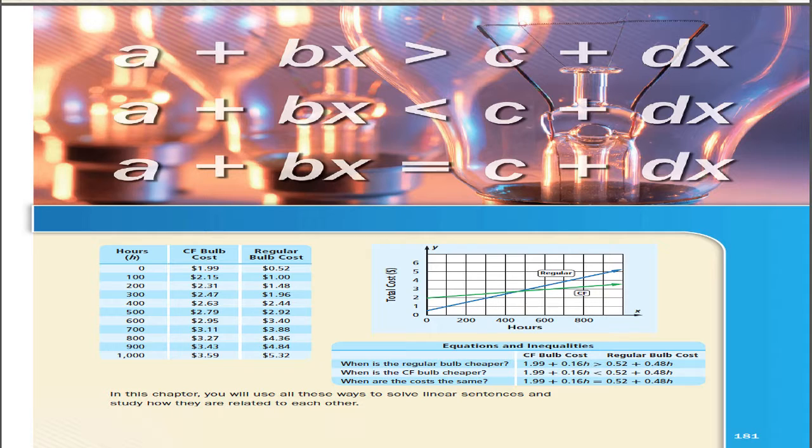We'll begin with percentages. Okay, this is 4-1, solving percent problems using an equation. We want to remember that when we're working with percentages, that percent means per centum or per 100.